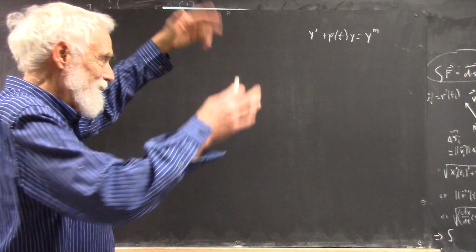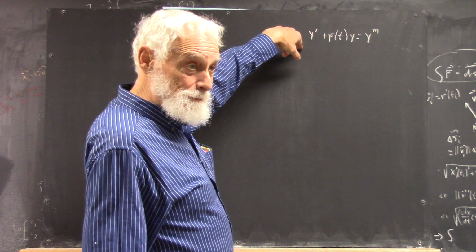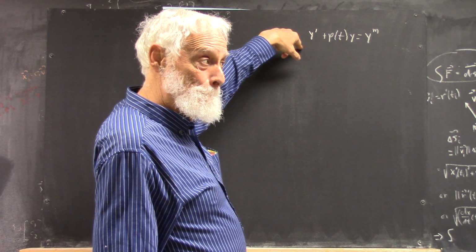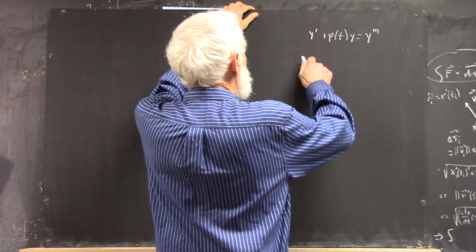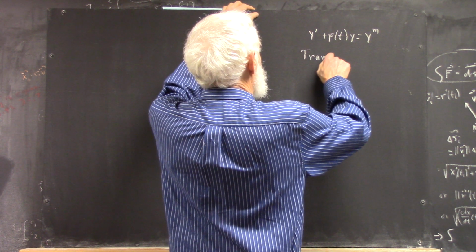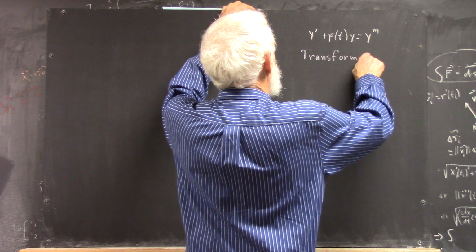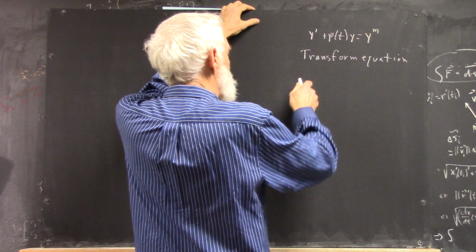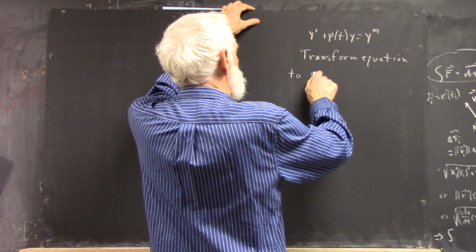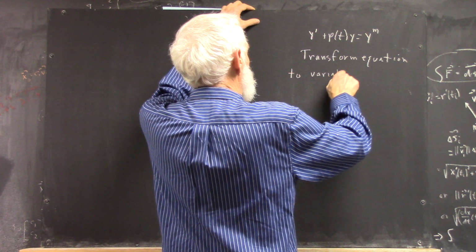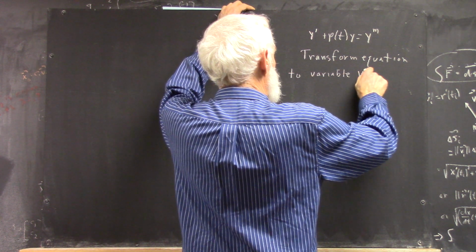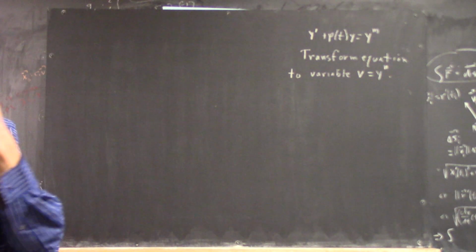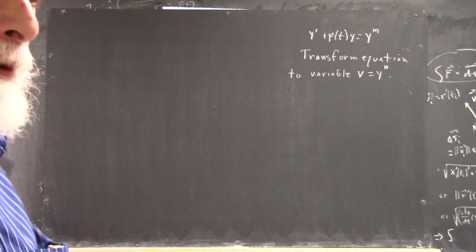Okay, so anyhow, that aside. Okay, I want to make a transformation. I want to transform the equation to variable v, which is y to the n.